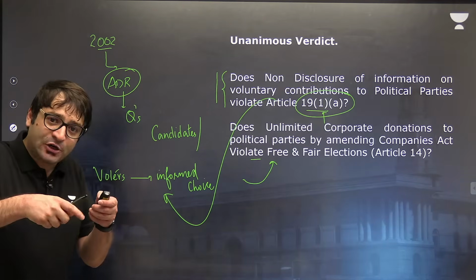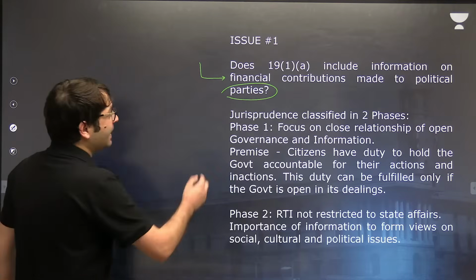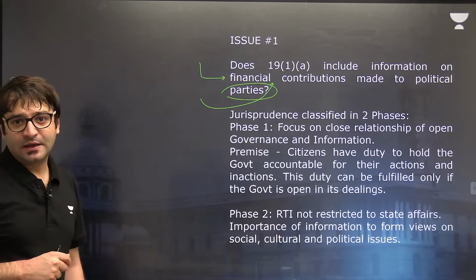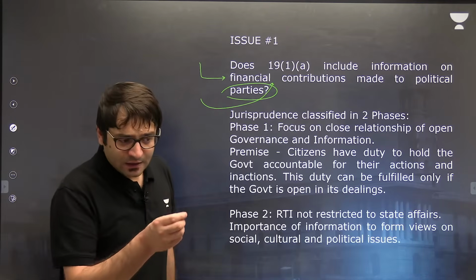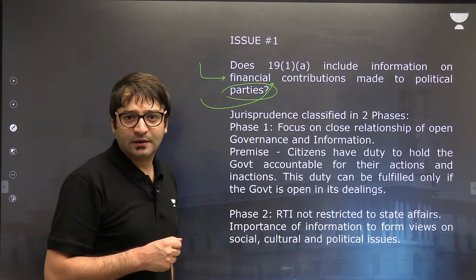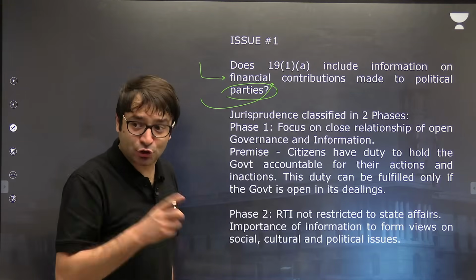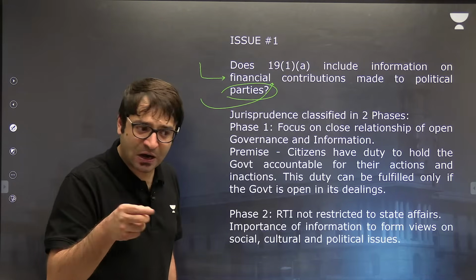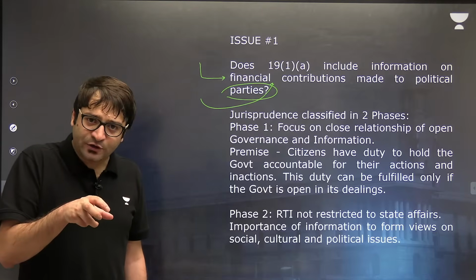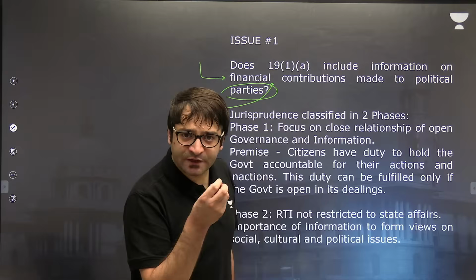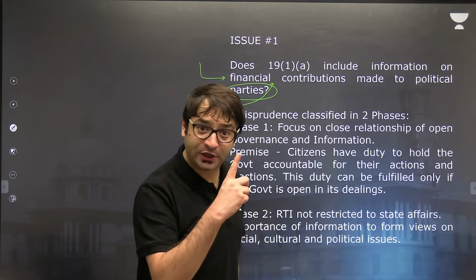Does this right to information also include information on financial contributions to political parties? Because previously the court said, what is the educational qualification of this candidate? Disclose it. How many criminal cases are pending against you? Disclose it. What is the amount of assets in your name and in the name of your spouse? Disclose it. But does this right to information also require us to disclose the financial contributions to political parties?